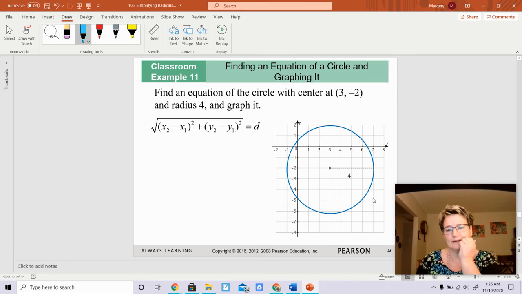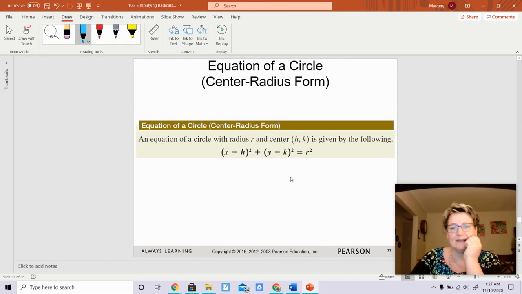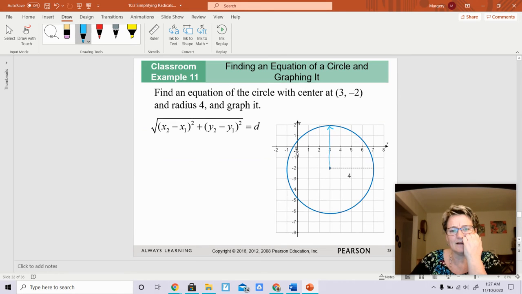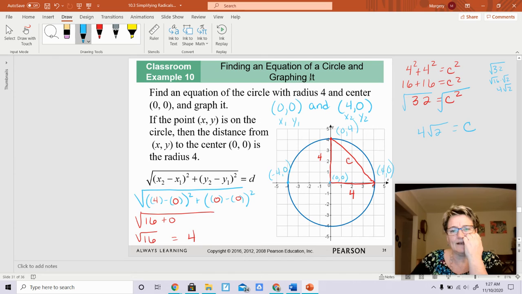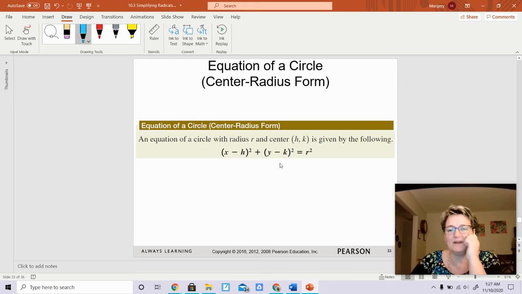So this would also be, there's a formula for finding, oh, there it is. I'm thinking, I know there's a formula for this. What am I missing? Finding an equation of a circle and graphing it. Find an equation of a circle with radius 4 and center 0, 0, and graph it. Here's my formula. It should have been written first.